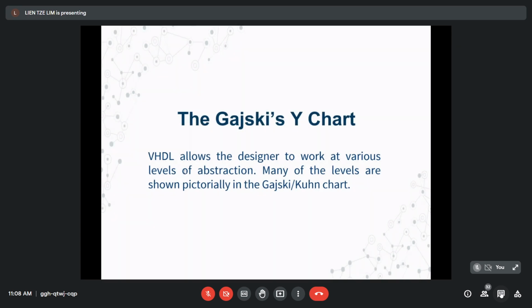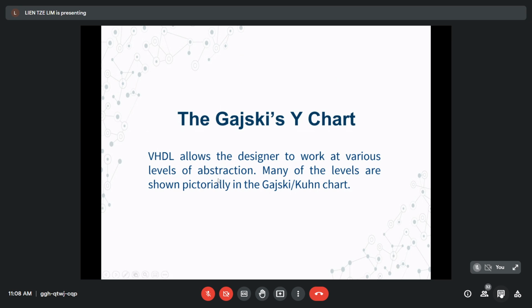To describe the three domains, there is a Gajski-Kuhn Y chart. This Y chart shows all the design levels in the three domains. It allows the designer to work at various levels of abstraction.